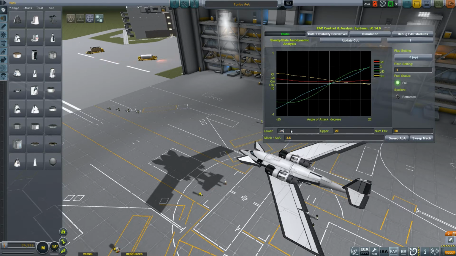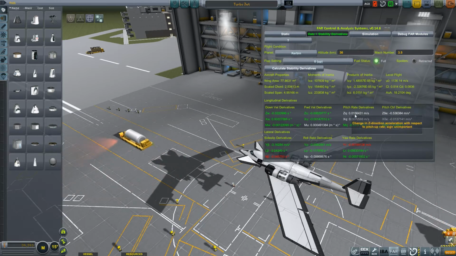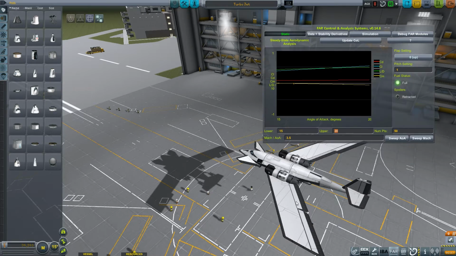If we zoom in a little bit, we'll go 15, 20. Yeah, so it is definitely below 18 degrees. That means we will not be able to achieve level flight at this altitude and this speed because we cannot pitch up this high, even with full input from our controls.